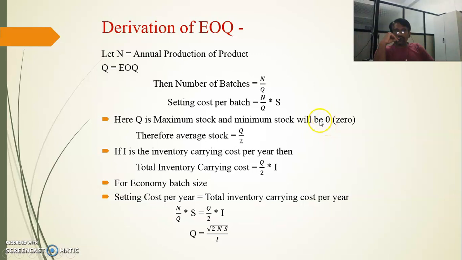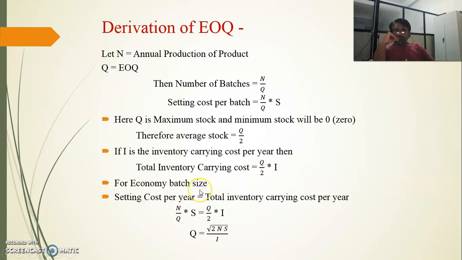So while it is becoming 0, definitely inventory carrying cost will be minimum, and when it is Q, the inventory carrying cost is maximum. So considering the average, we can have this formula as total inventory carrying cost is equal to the average inventory multiplied by I, and here I is the inventory carrying cost per year.